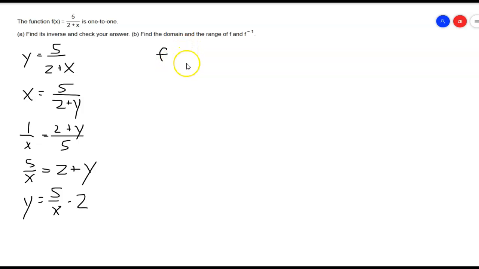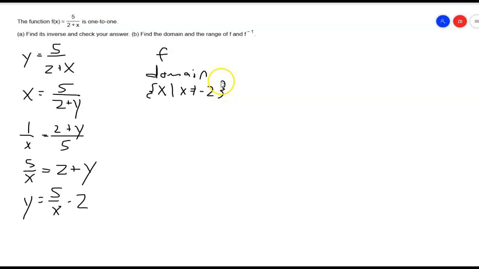The domain of that is going to be what? It looks like every value except for -2. Why? Because -2 makes this denominator equal to 0, and we can't have a 0 in a denominator, where the function is undefined. I'll write it in set notation: x such that x is not equal to -2.